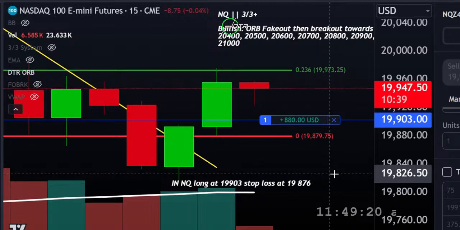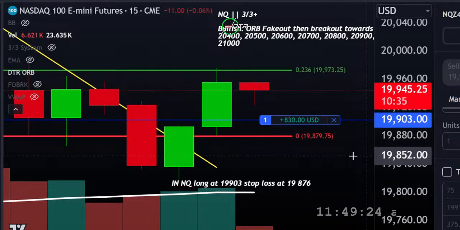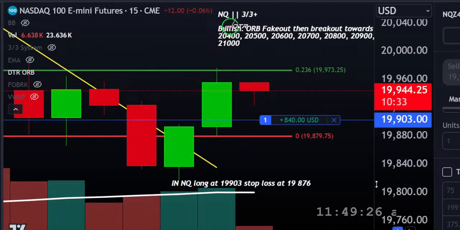Hardest thing to do here is to trust the setup. I will say one thing I'll have to get used to is just seeing the P&L in front of me at all times. That's a little bit annoying.